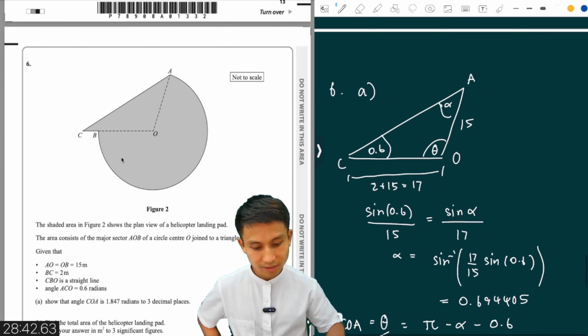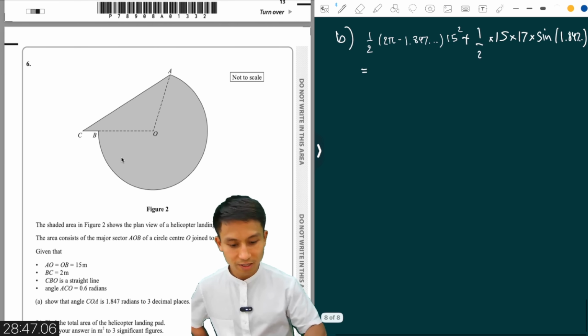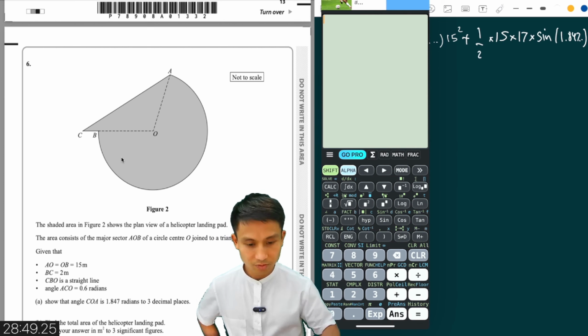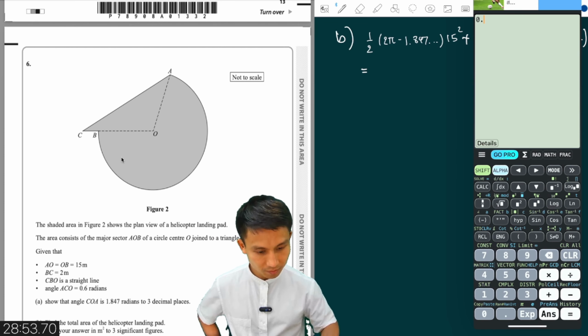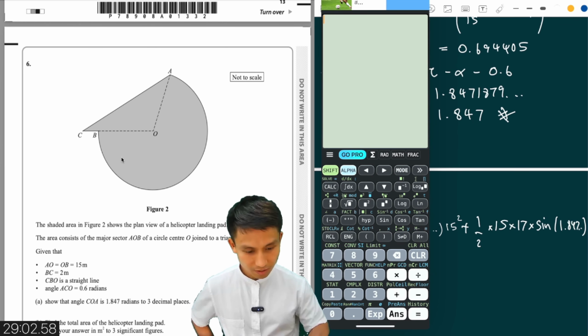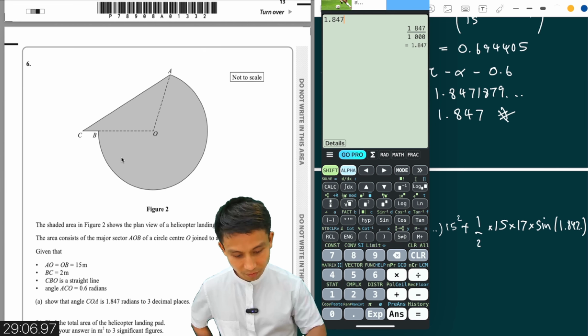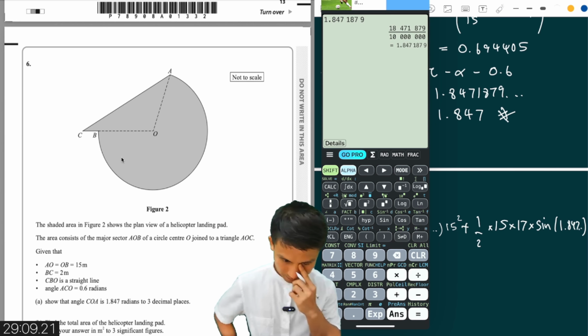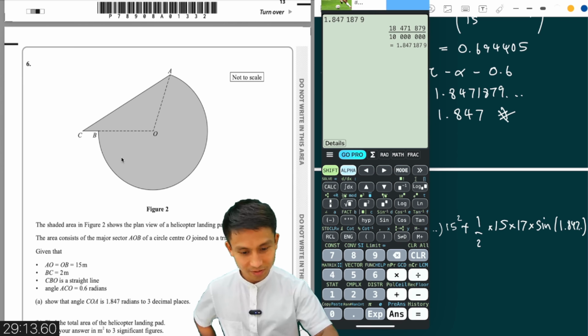Let me check everything. Yep. I'm just going to plug everything into the calculator. Let's do the first term, 1.8471879. I would like to keep everything precise, so that's how I do it.